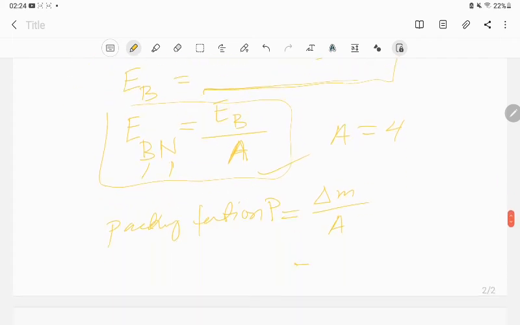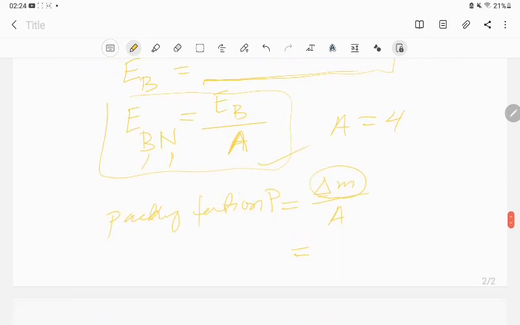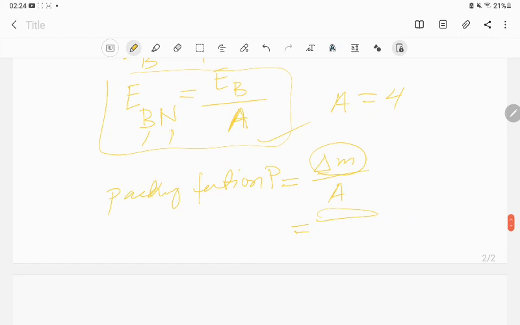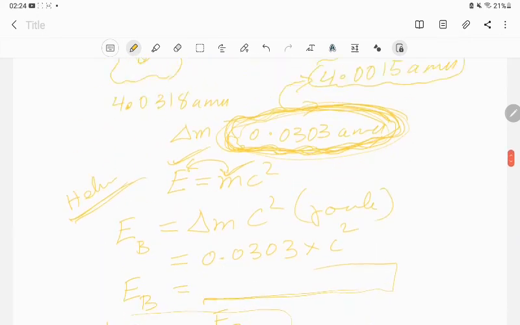Here, take the mass defect of helium, which I have already calculated, put it here and divide by A. A is the mass number, and the mass number of helium is 4. Divide by 4, do the calculation and send it to me.